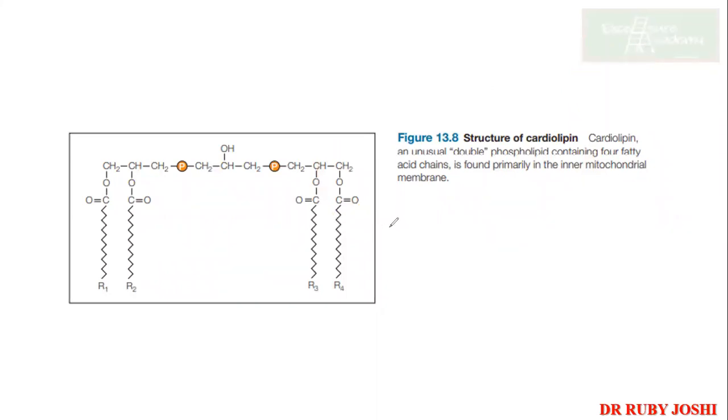Now where is this present? They are only found in the inner mitochondrial membrane. Okay, they are present only in the inner mitochondrial membrane. Now can anyone tell me why is it so? Any guesses?